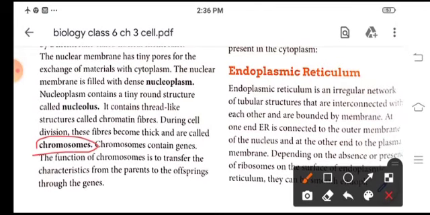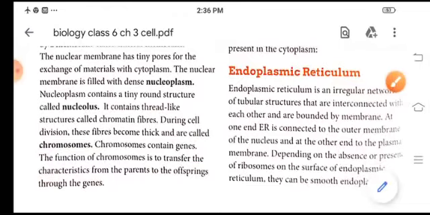Now chromosomes contain genes in them, and the function of these chromosomes is to transfer the characteristics from the parents to the offspring through the genes. Children, you know that some of your father's characteristics, some of your mother's characteristics come in you. Why? Because of these genes which are present in the chromosomes.